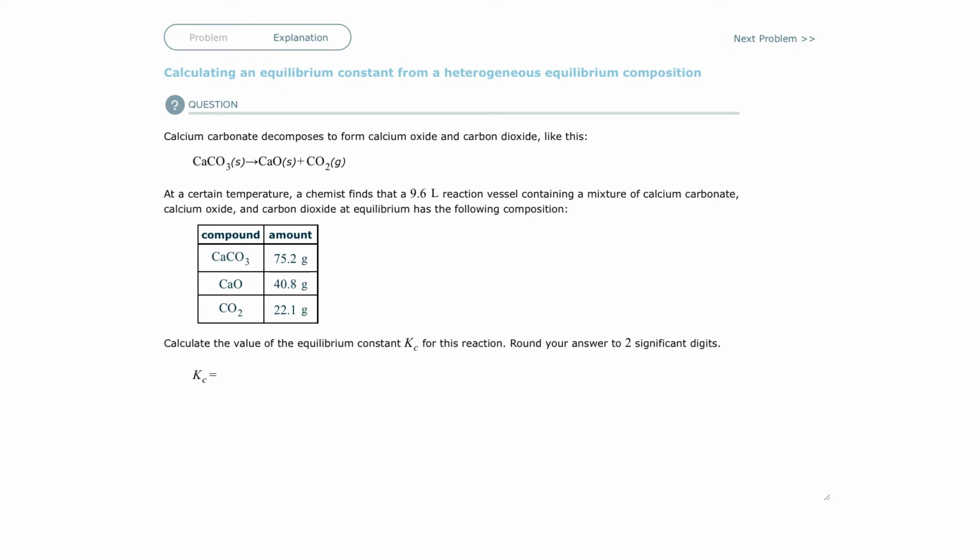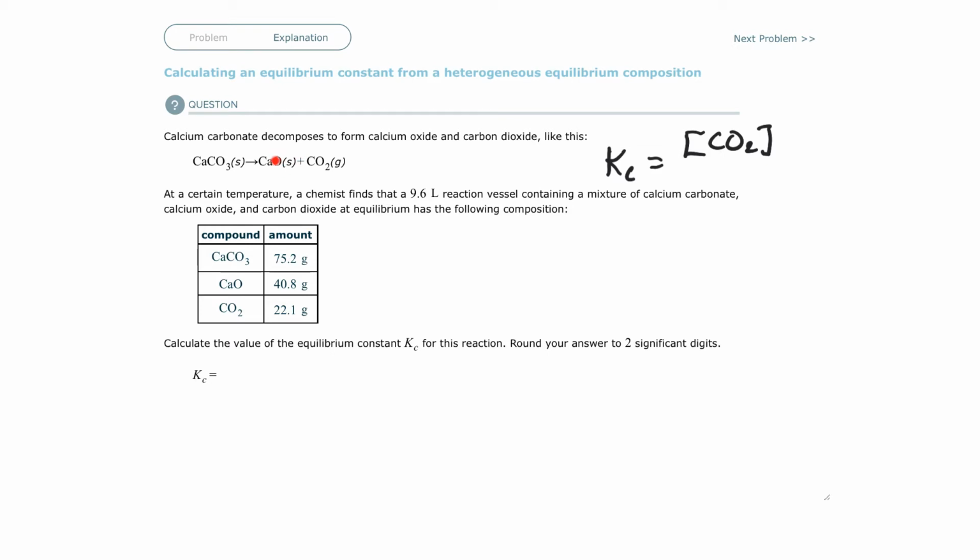So if I'm going to write an expression for this K, I'm going to have the concentration of carbon dioxide taken to the first power, since this is to the first power, and then it's divided by nothing. There is nothing else that I'm going to put in.